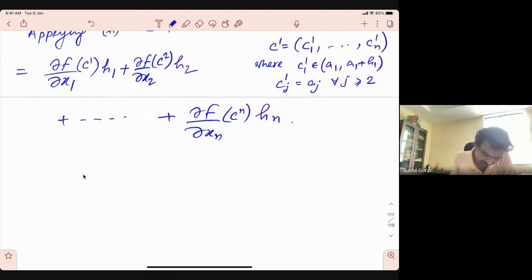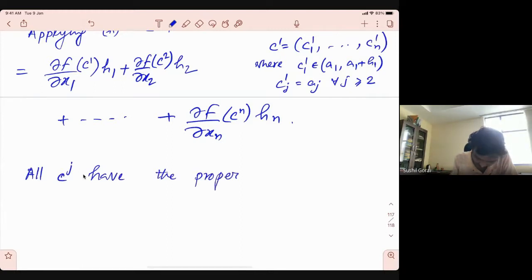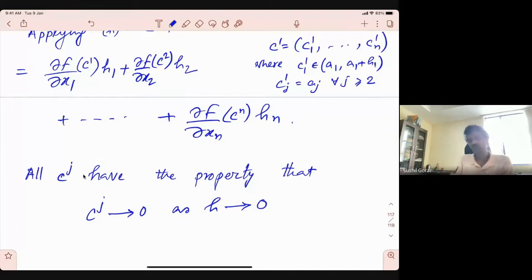All Cj have the property that Cj converges to a, that is, goes to a as h tends to 0. As h1, h2, ..., hn go to 0, Cj will also go to a.